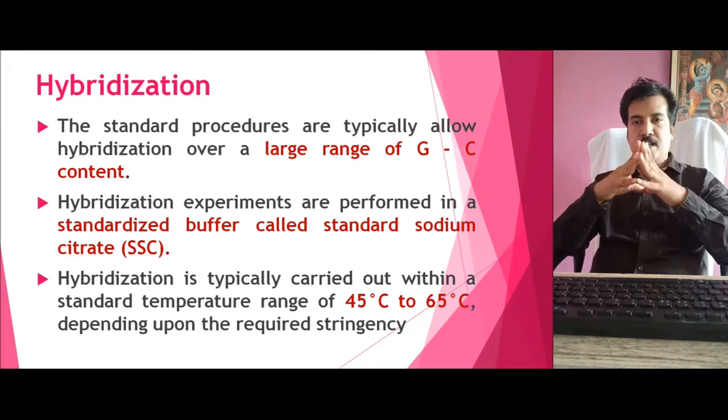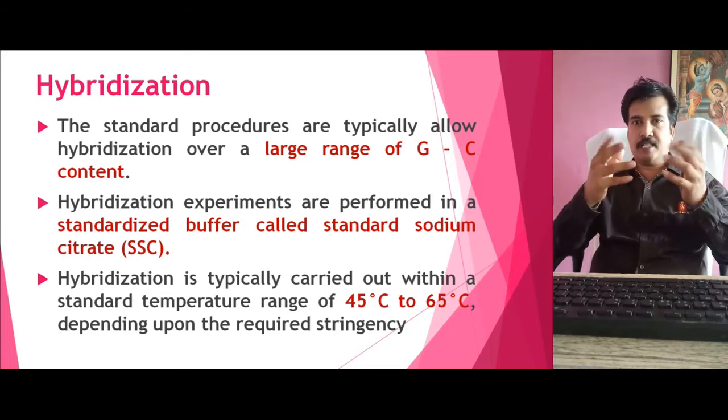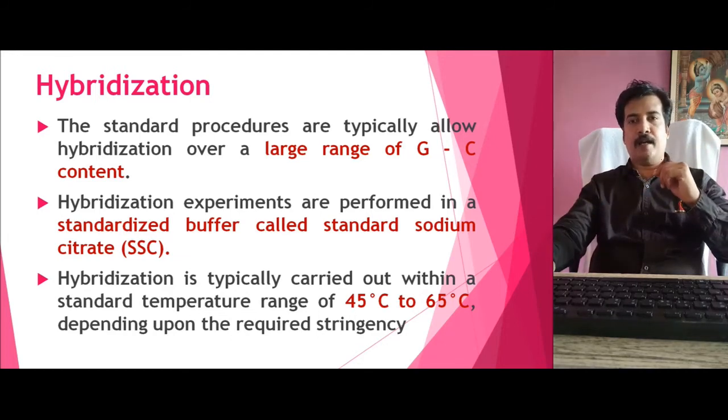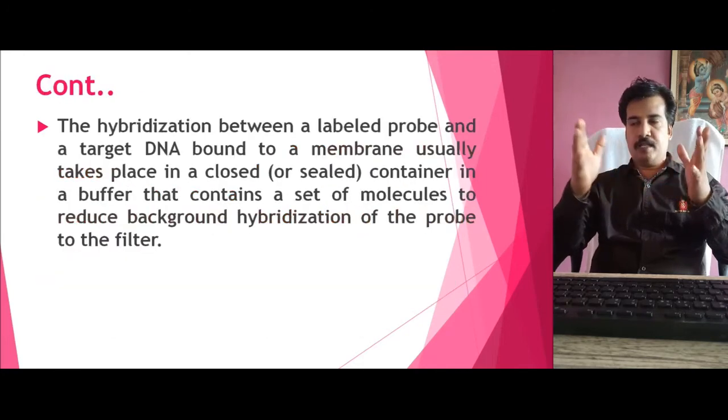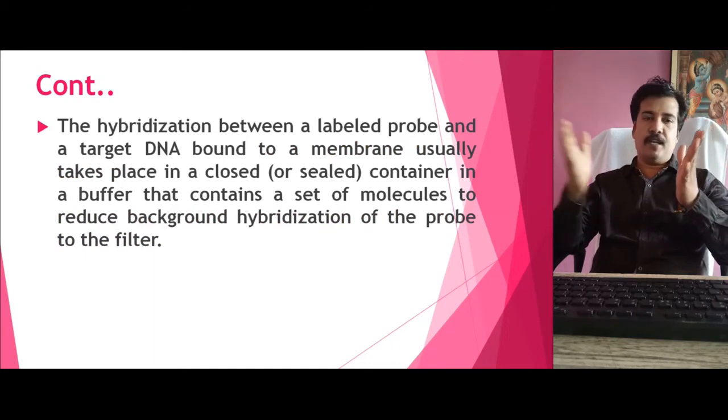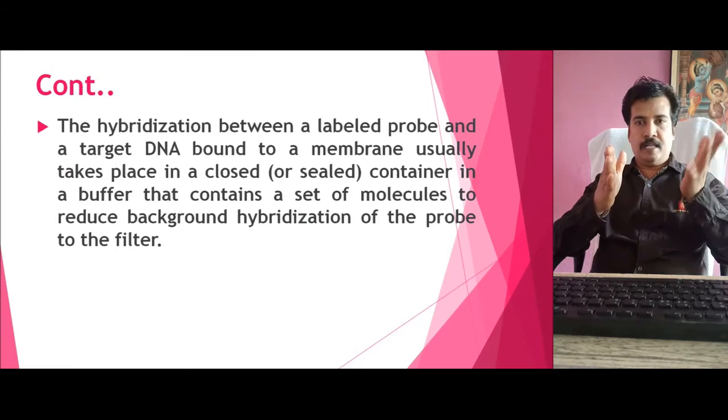This needs stringency in the approach because the temperature can vary between 45 to 65 degrees Celsius, since this temperature helps in the process of annealing, and the perfect annealing will depend upon this temperature. So after this, the radio labeled DNA, that is our probe DNA, binds or comes very close to the single stranded DNA bound to the membrane.